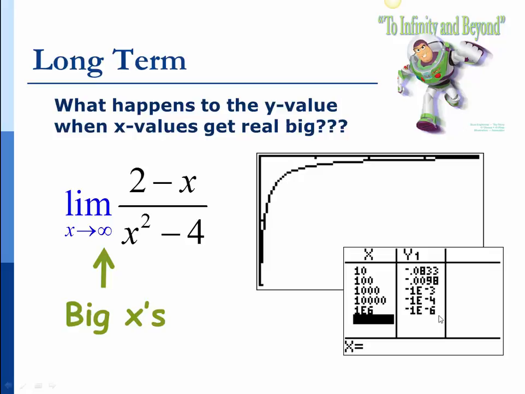Well, they're getting smaller. They're getting close to 0. Because remember, an E negative 6 on a calculator just means move the decimal place 6 places to the left. And so this is really 0.00 with 5 zeros and then a 1, but it's a very, very small number. So these numbers are all getting smaller, getting closer to 0, and that is what's happening here.